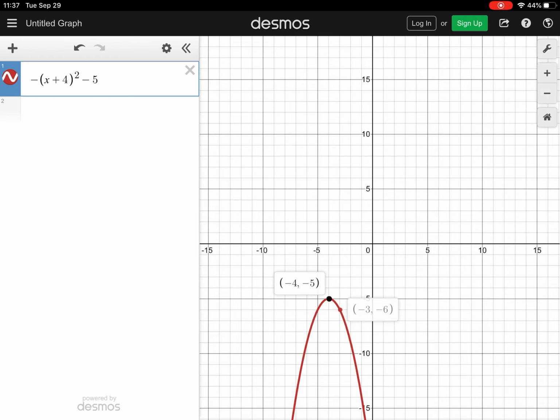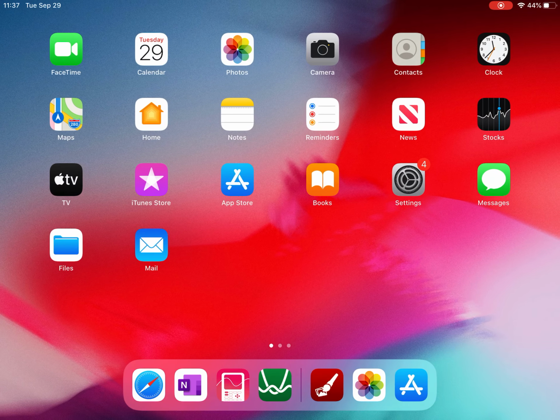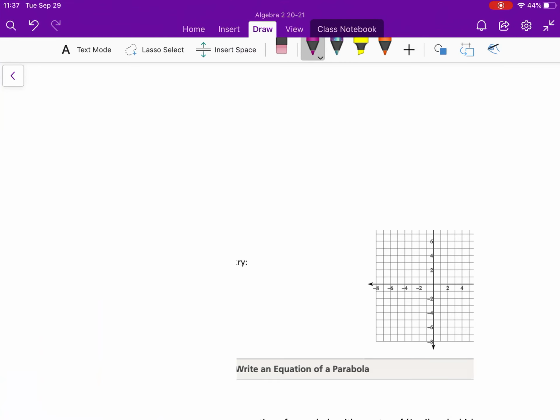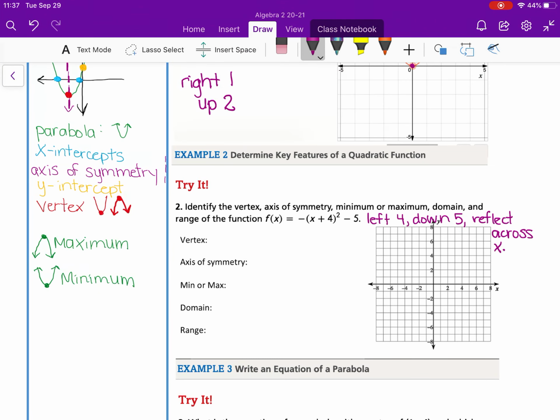My new vertex is at (-4, -5). And I see that (-3, -6) is a point. So back to my notes, which you should be following along in your workbook as well.